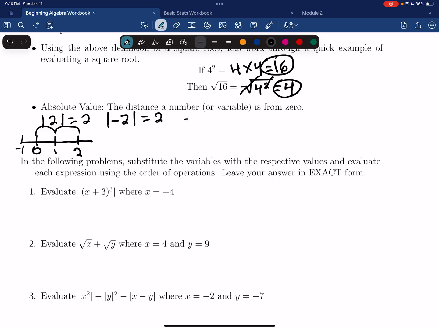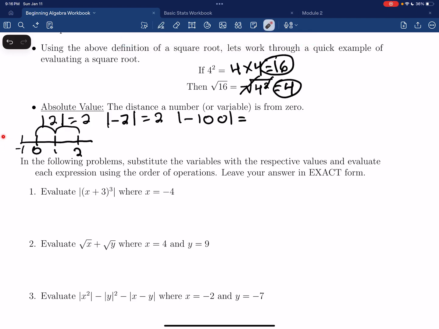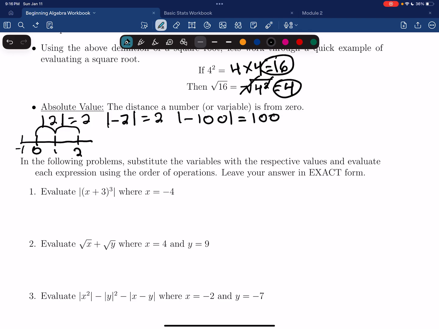Now, what do we think? Let's try the absolute value of negative 100. Would that still be positive? It would still be positive, because imagine negative 100 on the number line, it's talking about units and distance. And distance can never be negative, right? So anything with absolute value is always positive.